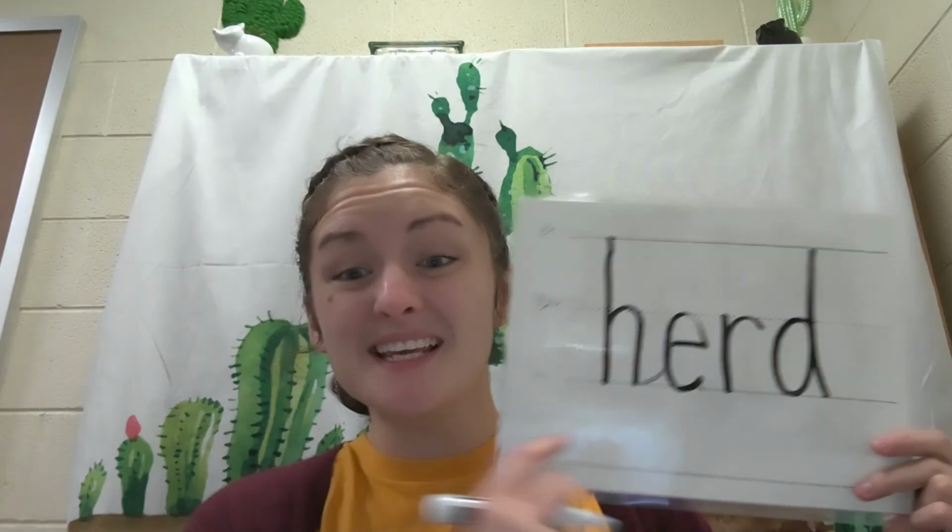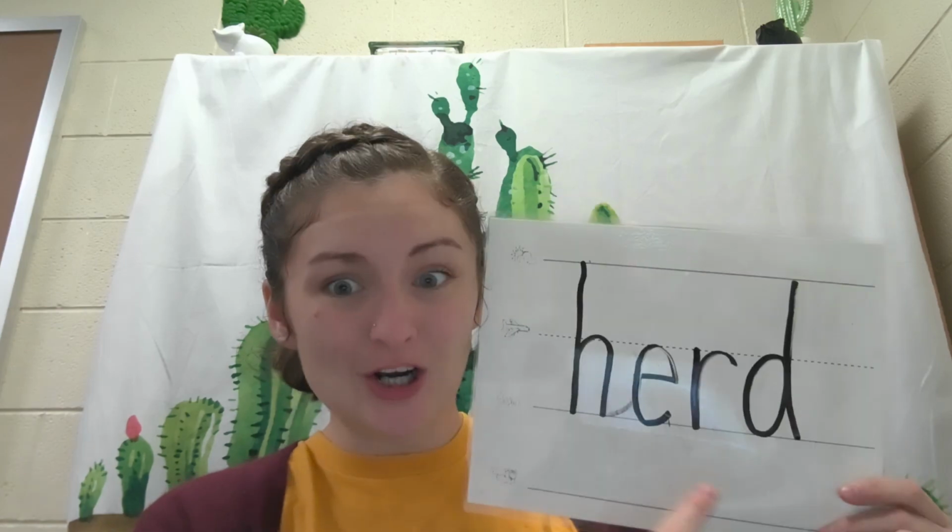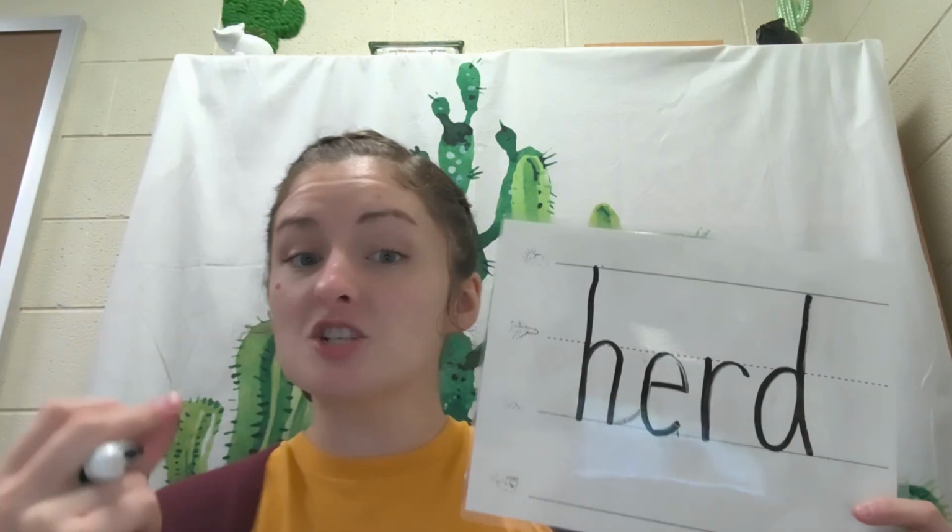And one more. I'm going to have to make up a new word to use E-R. Ooh, I got one. What does E-R say together? So anytime I see E-R next to each other, remember that R is going to tell the E what to do.